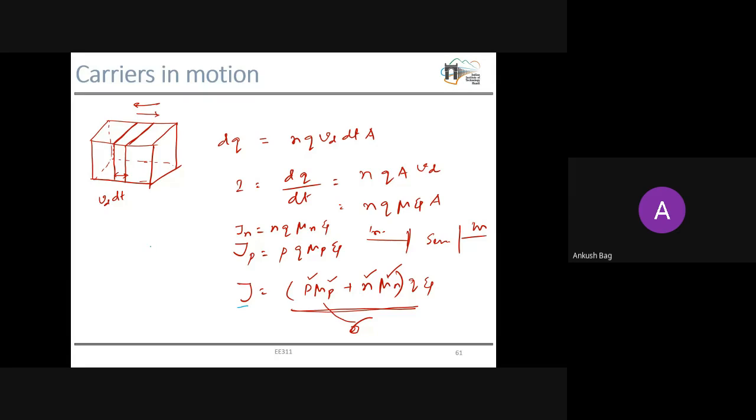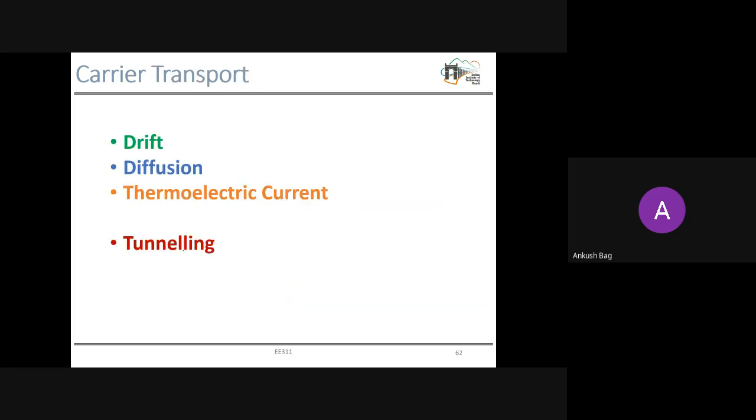Obviously, till today people are doing PhDs on this carrier transport, so there are a lot of detailed things. We will not be able to cover all of them, but we'll look into more details so that we can explain a few more characteristics of carrier transport, or current, in a semiconductor.